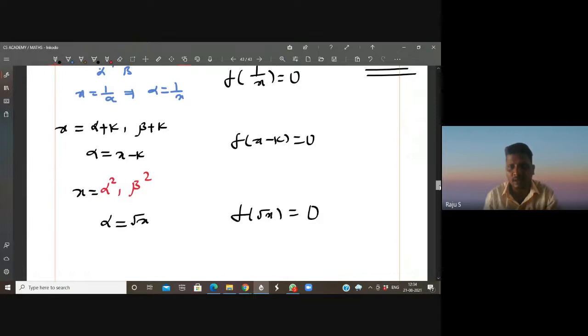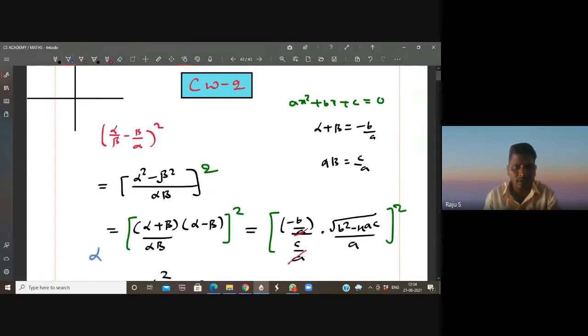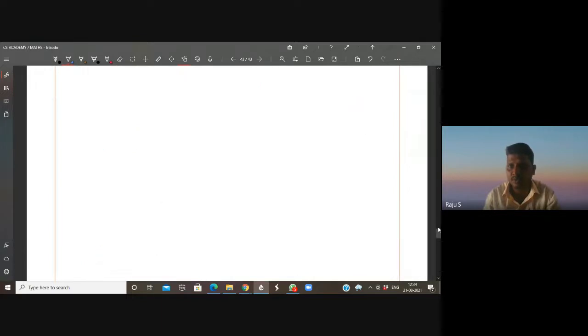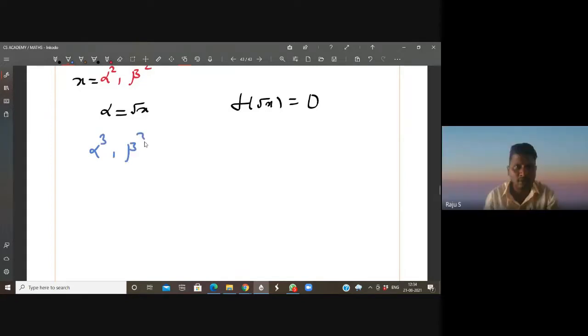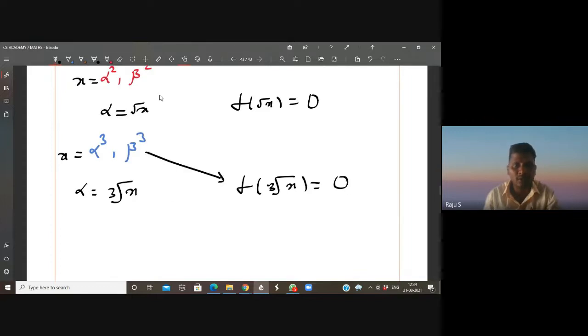In case it is alpha cube, beta cube are the roots of, alpha is equal to cube root of x. Nothing but f of cube root of x is equal to 0. So alpha cube, beta cube are the roots of f of cube root of x. Alpha square is the root of f of root x.